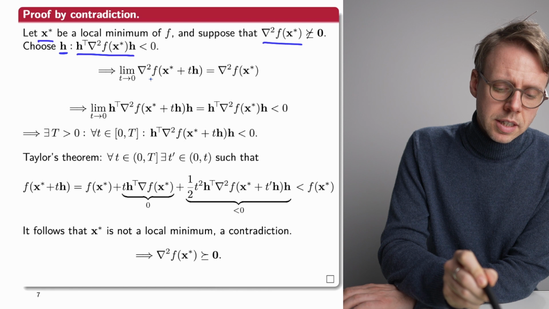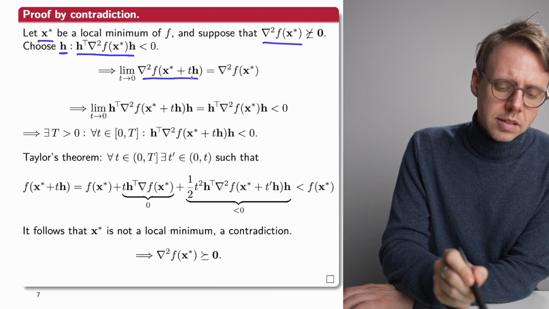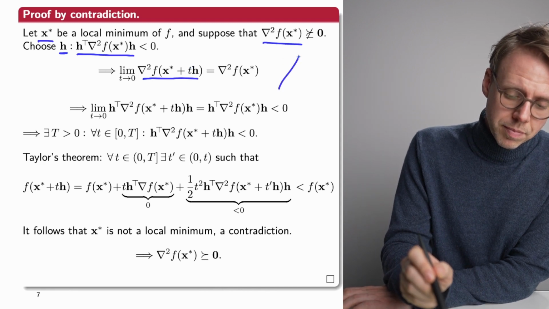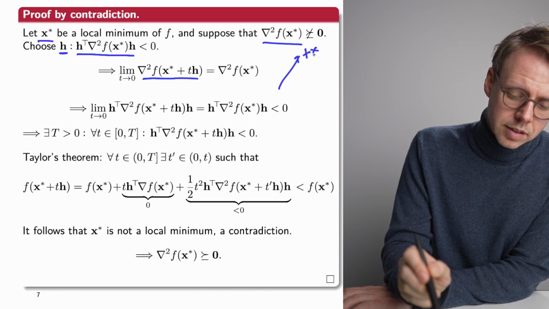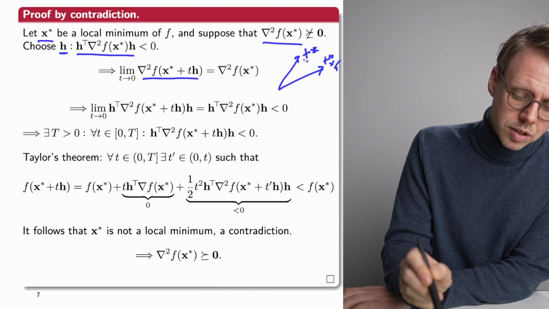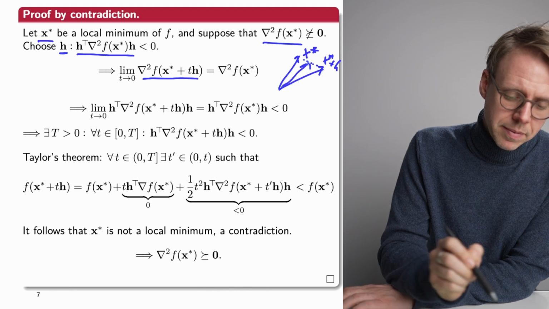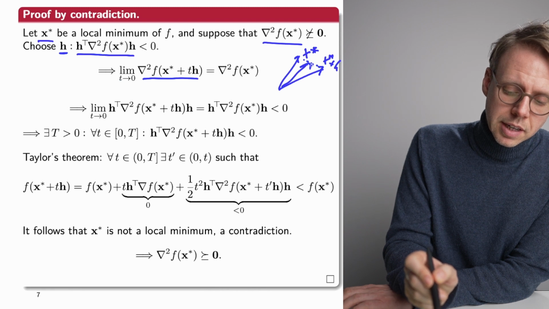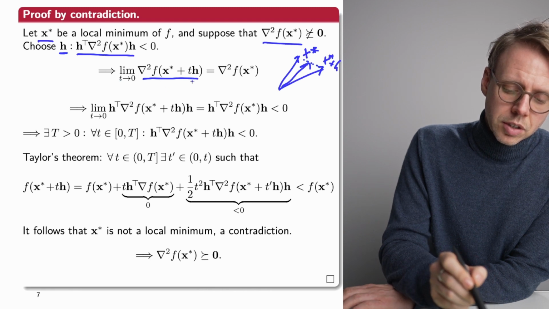Now we look at the Hessian of f at x star plus a constant t times h. So we are going from x star to x star plus h, to some point between that, and take the limit on this line going to 0.